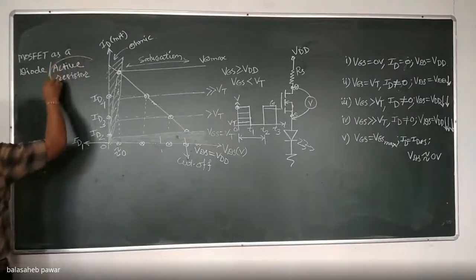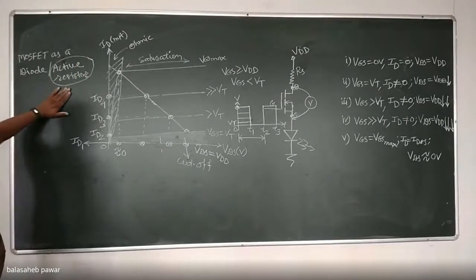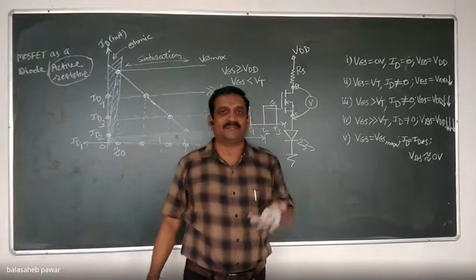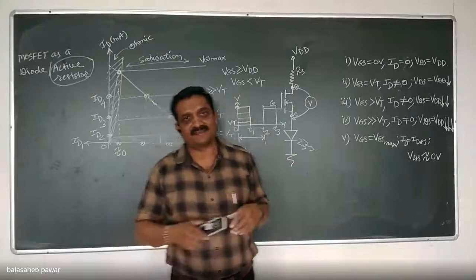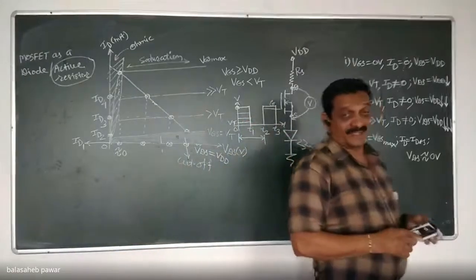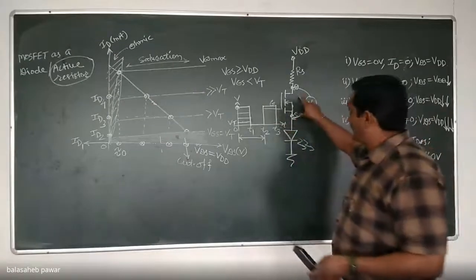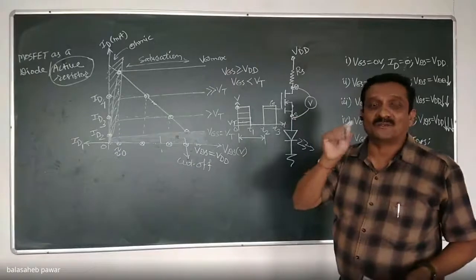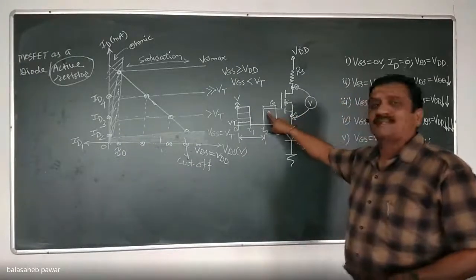Now, this term you might have very clear. Active resistor means what? By changing the level of VGS, the resistance offered by that MOSFET is variable, correct? We can say it is dynamic in nature. The resistance offered by this MOSFET, that is the resistance between drain and source, depends on the level of applied input gate voltage.